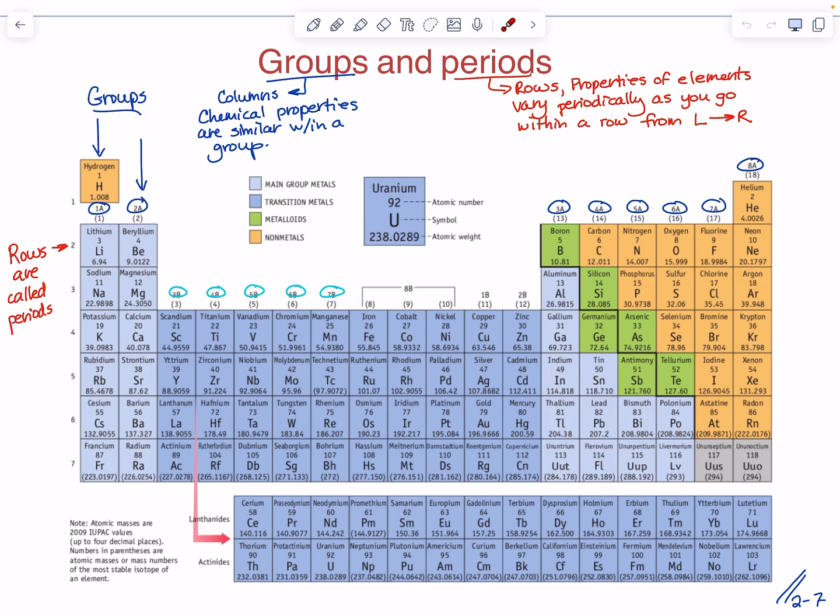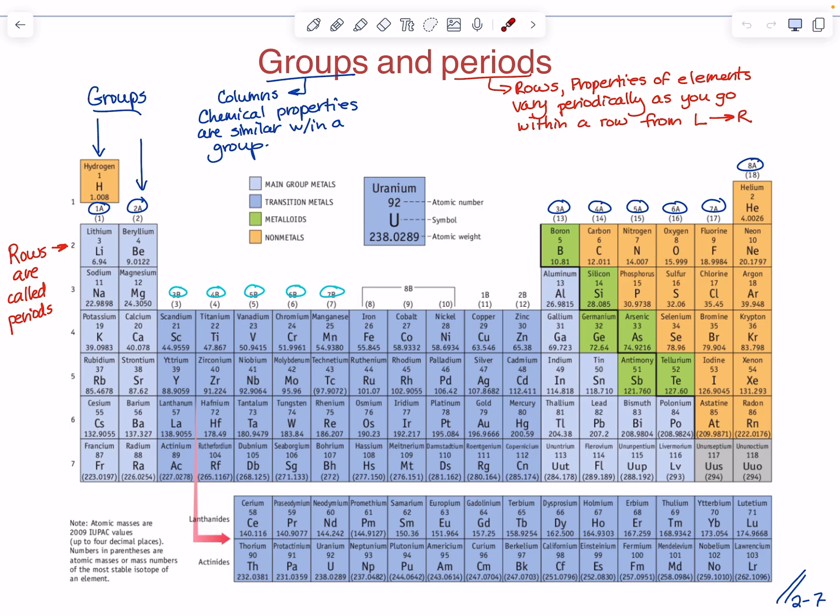And as we get into the next chapter, we're going to clarify the relationship between the row that an element is in and energy levels within the atom itself, so differences between electron energies in elements.